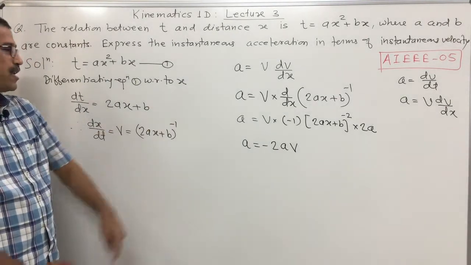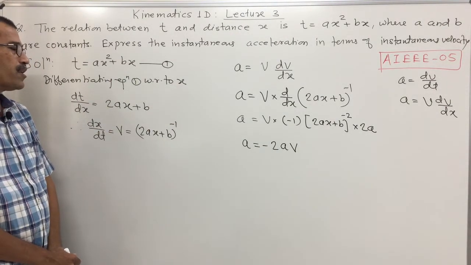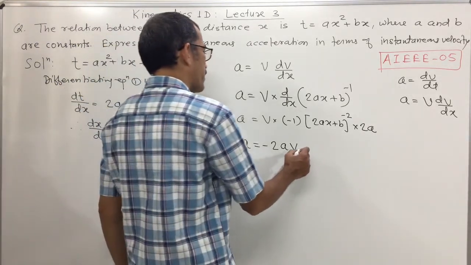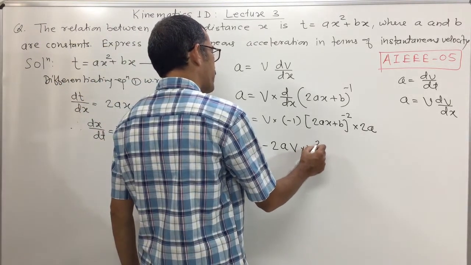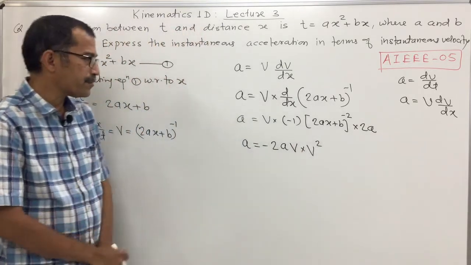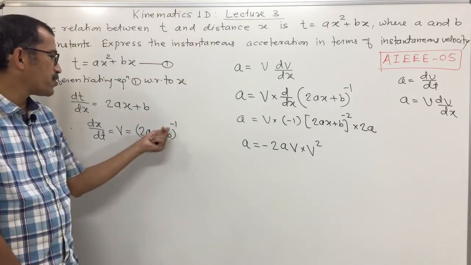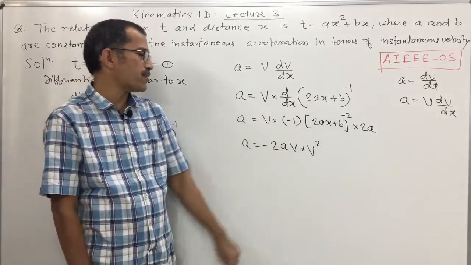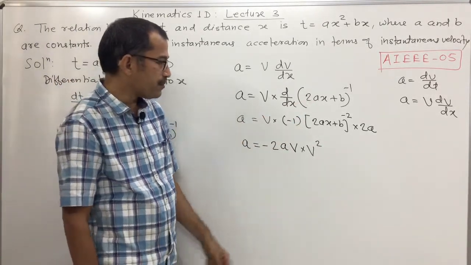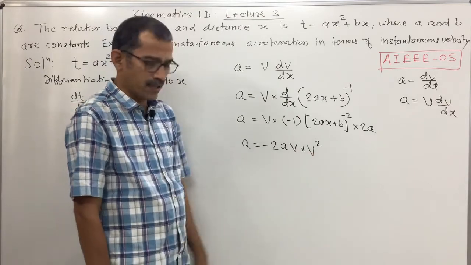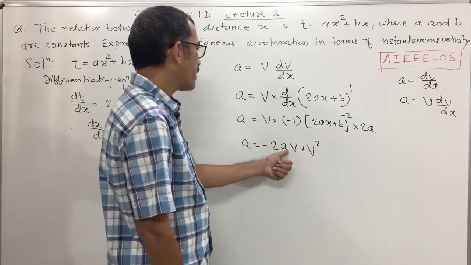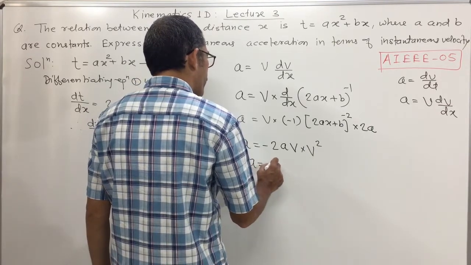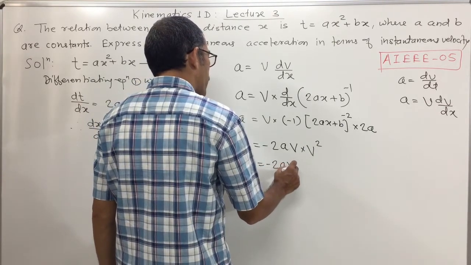That means 2ax plus b raised to minus 2. ये तो आपका v स्क्वायर रहेगा ना, करेक्ट. 2ax plus b raised to minus 1 is v. That means 2ax plus b raised to minus 2 means v square. क्या हो जाएगा? v cube. And this 2a is constant. That means a equal to minus 2a v cube.